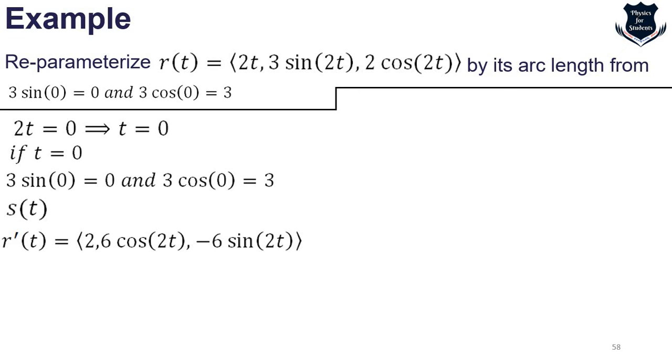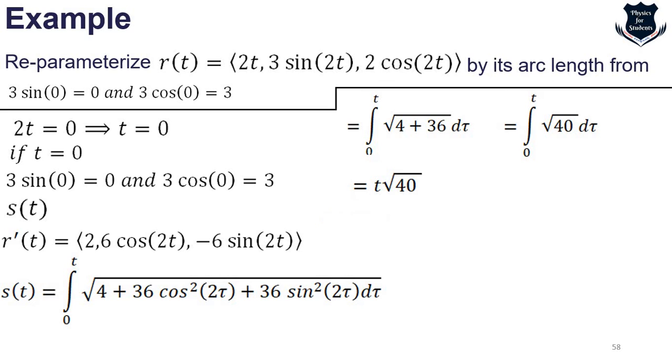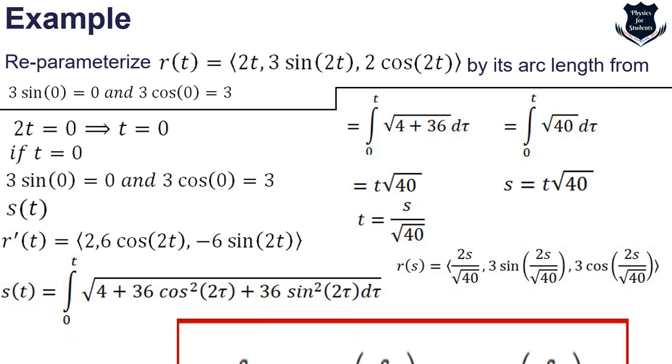We plug in the values of s of t and we get this, further this, and further this, and further solving we get this kind of a value of s. So we can solve for t, and we can plug in now this r t factor, and we get the final answer as this.